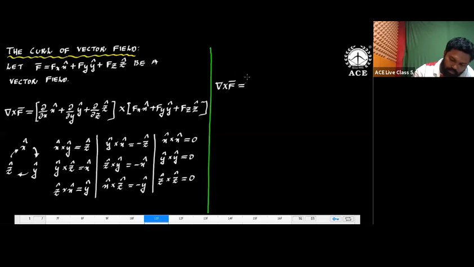Del cross F is: first you need to write the unit vectors x cap, y cap, and then z cap. Then the components of del. What are the components of del? Dou by dou x, dou by dou y, dou by dou z. Then the components of F. What are the components of F? Fx, Fy, Fz.